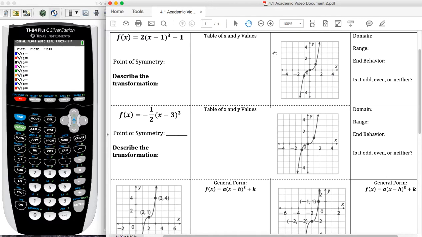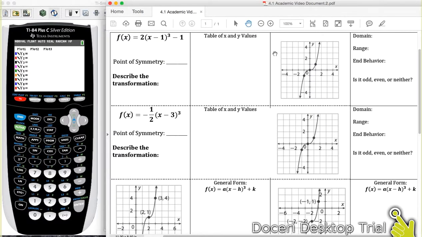So let's look at the point of symmetry. The point of symmetry for cubic functions is as important as the vertex is for the quadratic and parabola. And just like before, we used to use h and k to find the vertex, we also use h and k to find the point of symmetry. In this case, the h is going to be, remember, the opposite of the number on the inside.